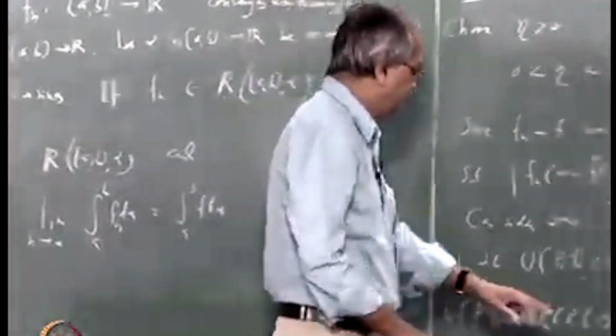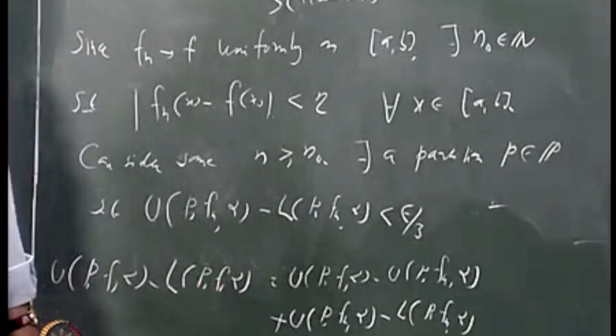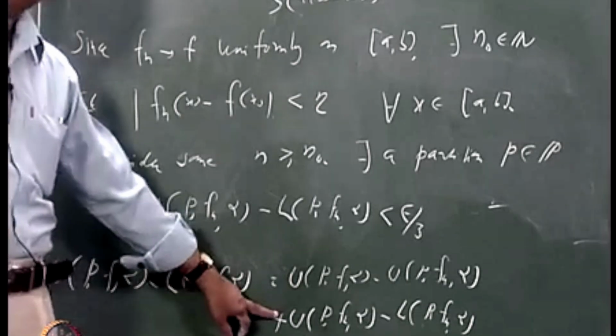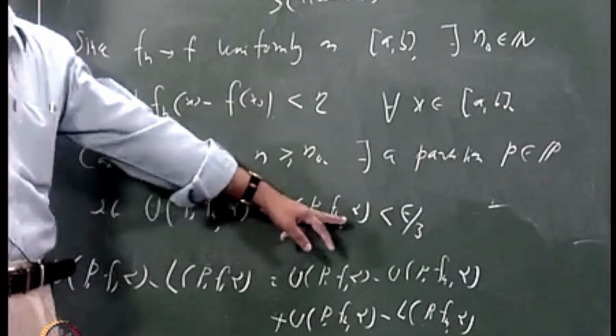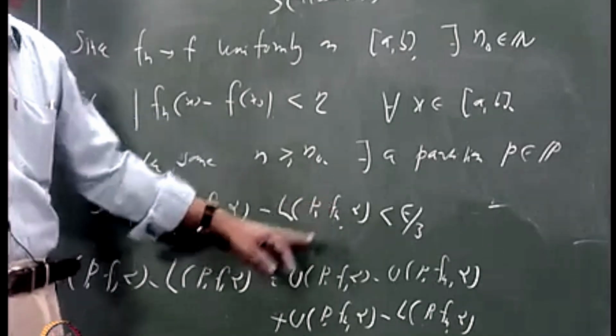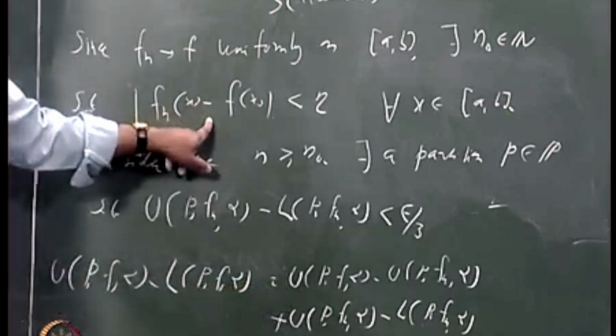We will show that each of these is less than epsilon by 3, out of which we already know about the middle term: U(P, fn, alpha) minus L(P, fn, alpha) is less than epsilon by 3. The only thing that remains to be shown is that these two are also less than epsilon by 3, and that is where we shall use this.